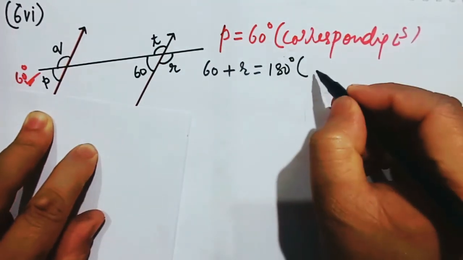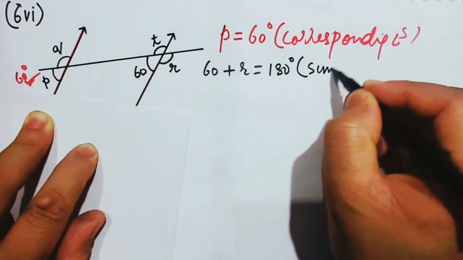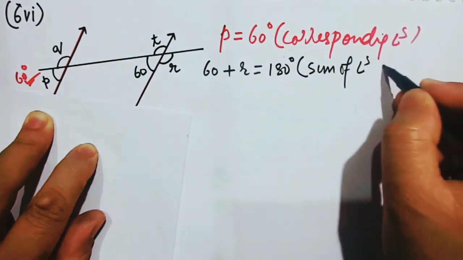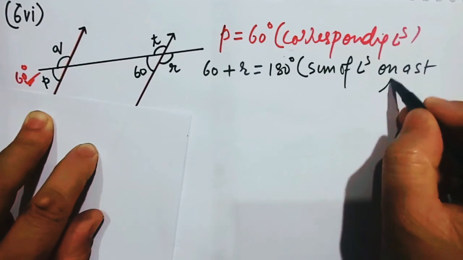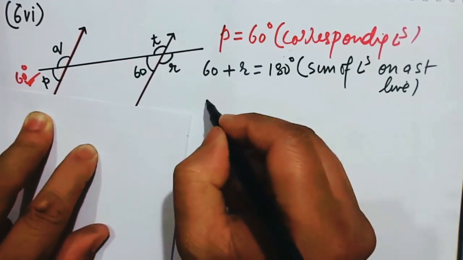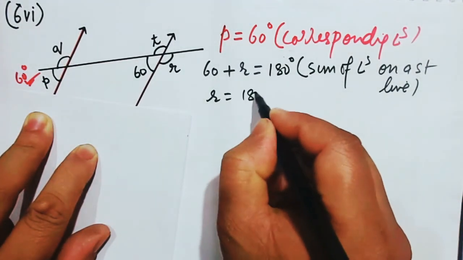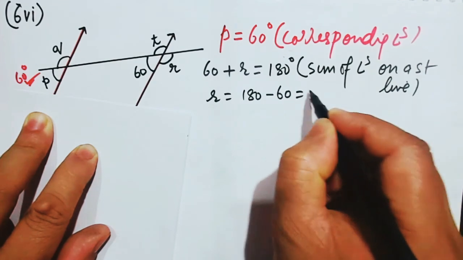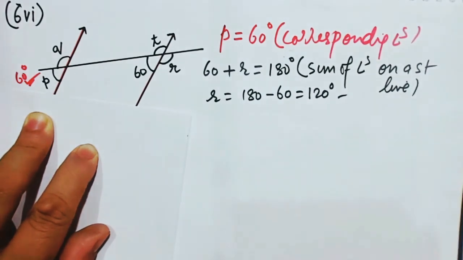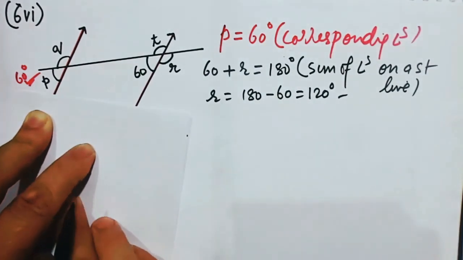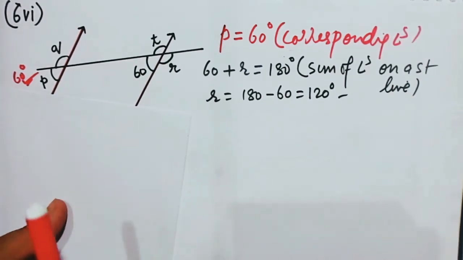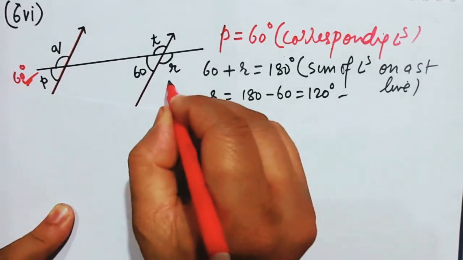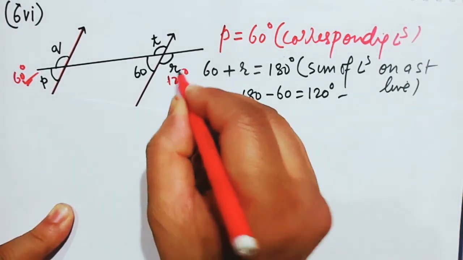The reason is the sum of angles on a straight line. Therefore, the value of R will be equal to 180 minus 60, which is 120 degree. Very good. I found out the value of R as 120 degree.